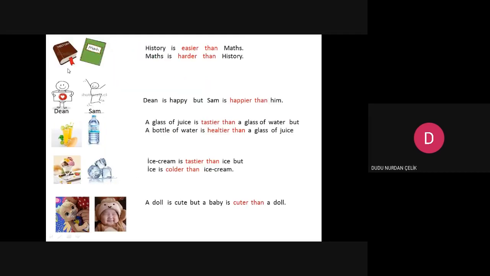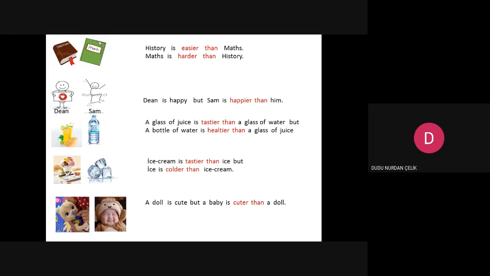Here we have got two lessons, history book and maths book. Let's compare history with math, or math with history. Look, history is easier than maths, we can say. Do you share?